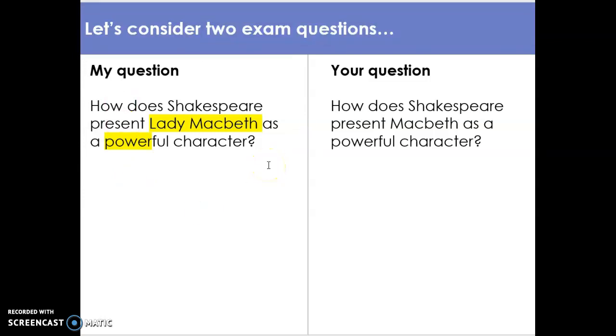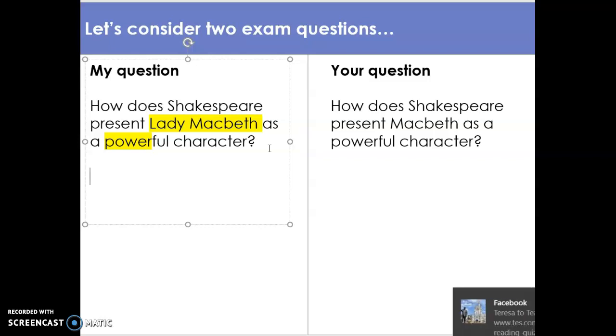So the first thing I can do, now that I've highlighted the keywords in the task, is make a few notes. I'm not going to make a detailed plan at this stage. I'm just going to note out a few points and things that are important in relation to power and Lady Macbeth. And we spoke about this a lot in the last session.